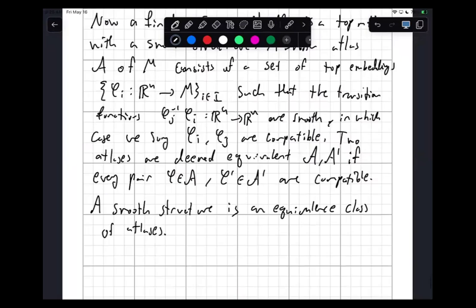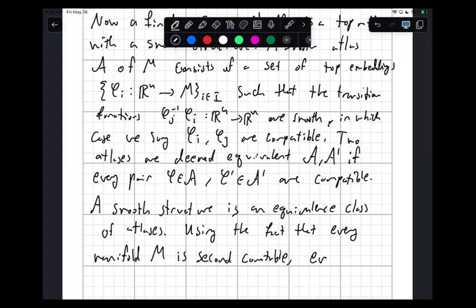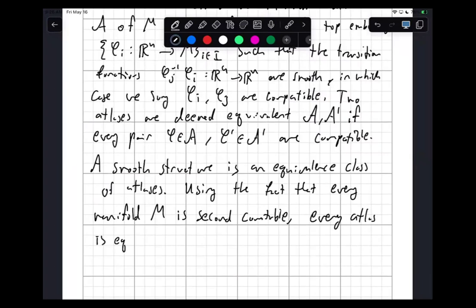So using the fact that every manifold M is second countable, every atlas is equivalent to a countable atlas. Okay.